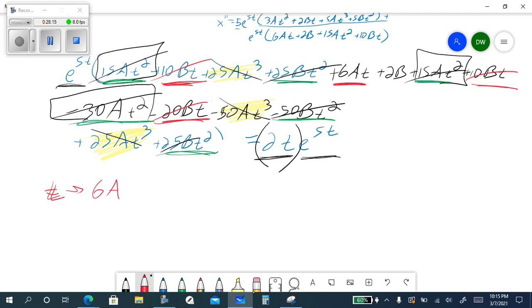That tells us how many t's to the first we have on the left. Now, if you look on the right, we have 2 t's to the first. So 6a is how many t's to the first we have on the left. 2 is how many t's to the first we have on the right. If we divide by 6, then we get a is 2 over 6, or 1/3.